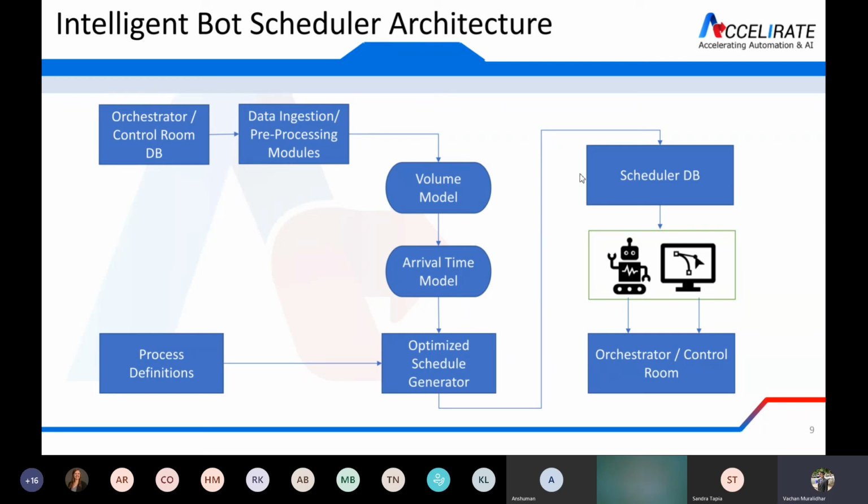Once we generate that schedule, we push it to the scheduler database. The bots or APIs can take the schedule from the scheduler database and automatically place it in the orchestrator. So the bots will be running on the optimized schedule rather than the traditional one.